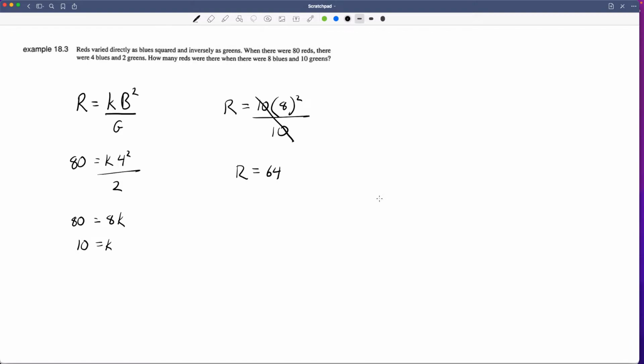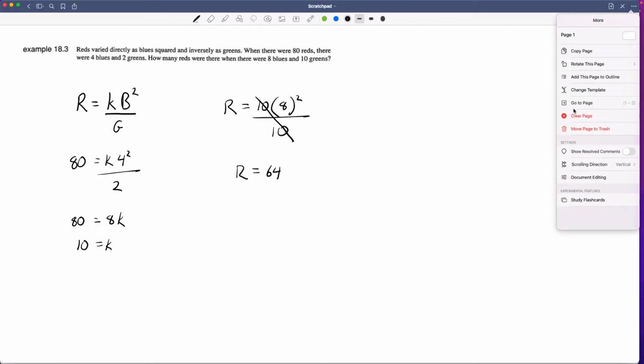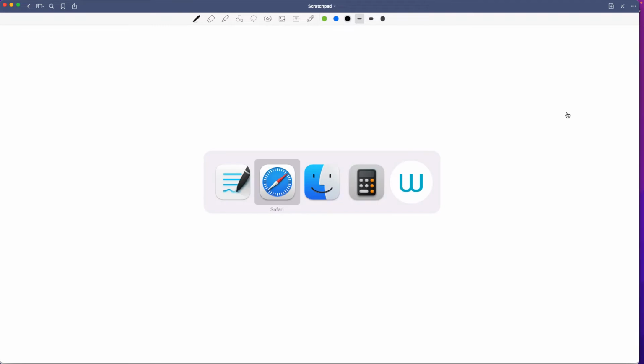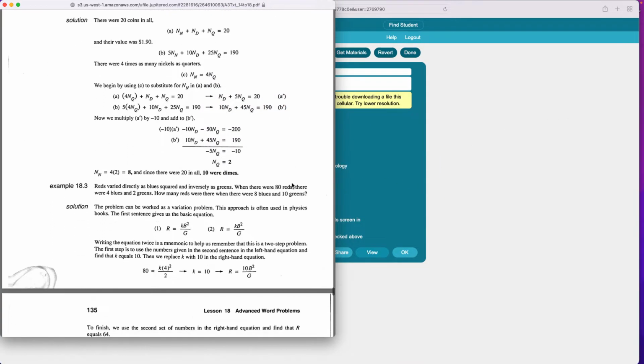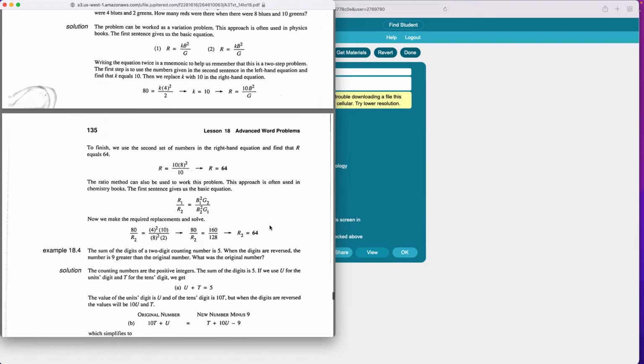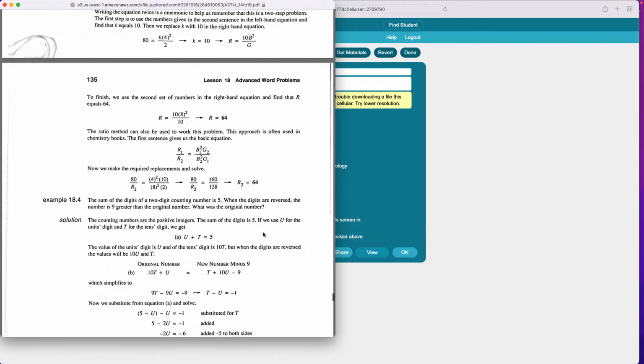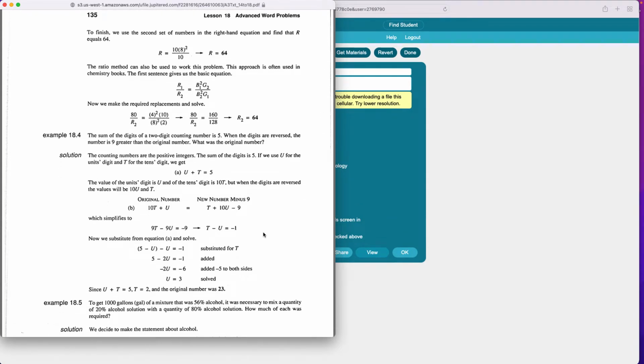That one was pretty straightforward. That one didn't take a whole lot of brain power on my part. I don't know about you guys. So let's clear the page. Let's double check our answer. Let's make sure I'm right. Yes, there were 64. So awesome. We got that right. So let's look at this next problem here.